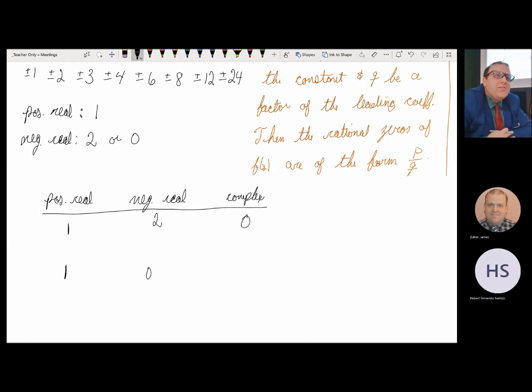So we're going to have no complex. In the second scenario, we have 1 positive and no negatives. That means we're going to have 2 complex to have the 3 zeros. Now your number of complex zeros is always going to have to be even.